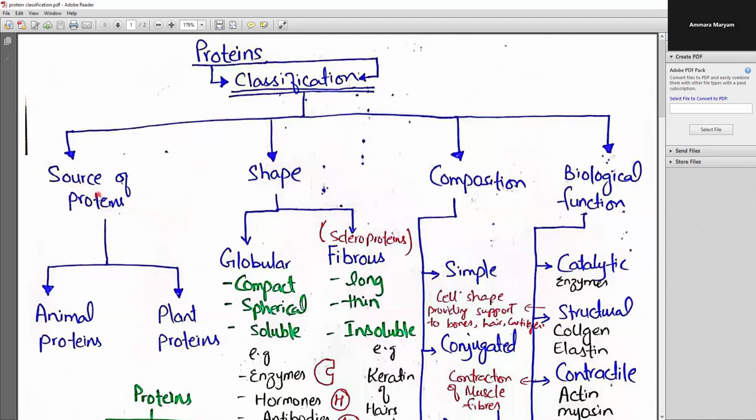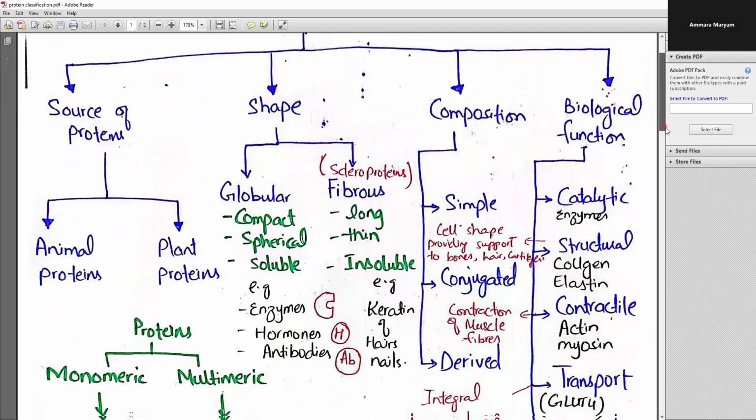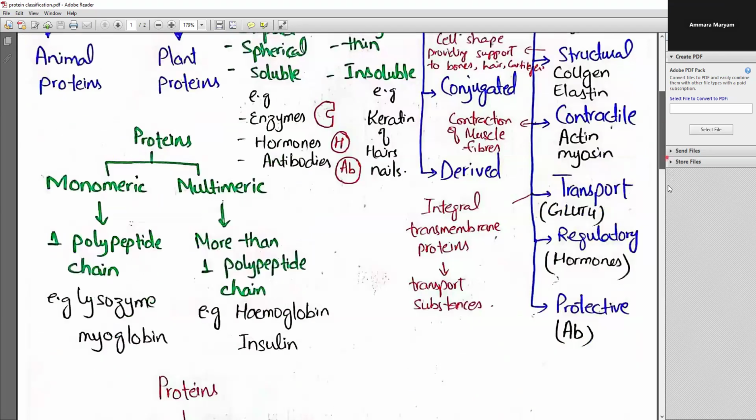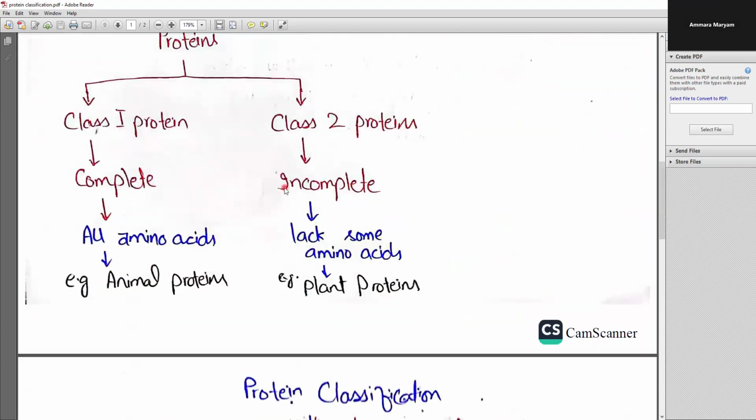On the basis of their source, proteins can be categorized as animal proteins and plant proteins. These two classes can be categorized as class 1 proteins for the animal proteins and class 2 proteins for the plant proteins. Class 1 proteins are those that can be referred to as complete proteins.